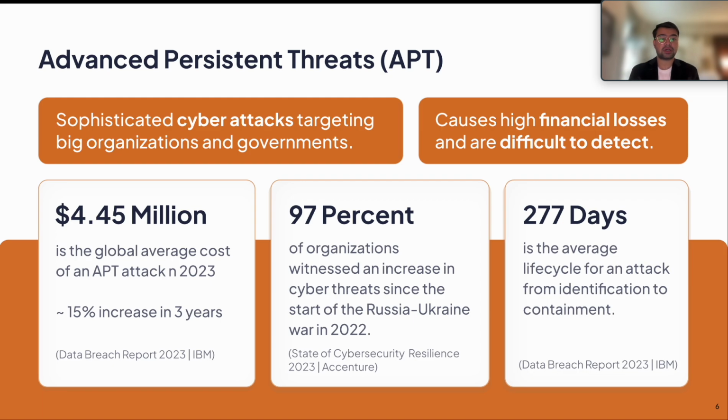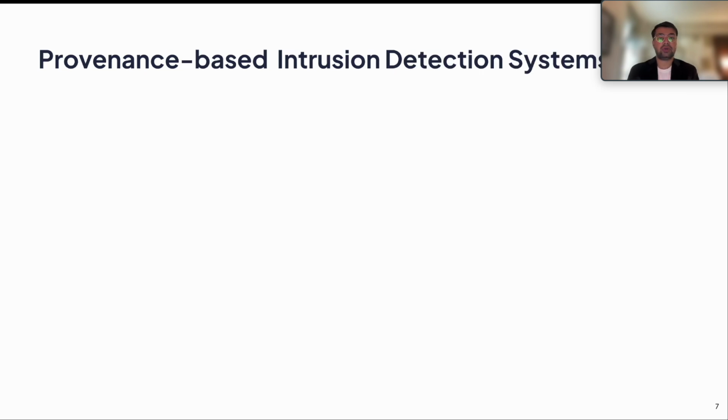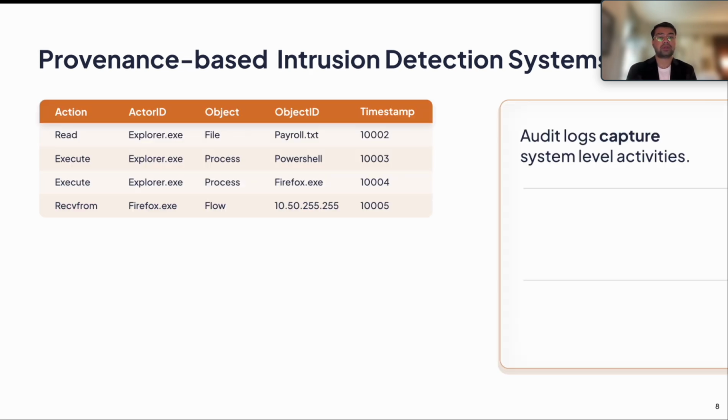And these threats are highly stealthy, with the average life cycle of an attack being 277 days from identification to containment. To detect these APT attacks, researchers have been building provenance-based intrusion detection systems. These detection systems rely on system audit logs in order to capture various system level activities.